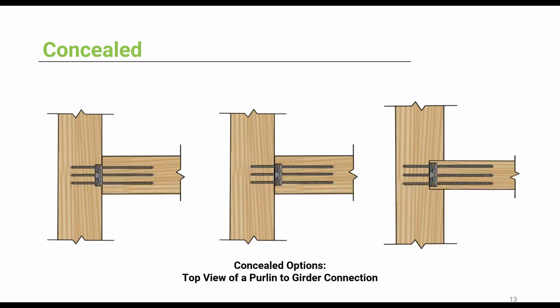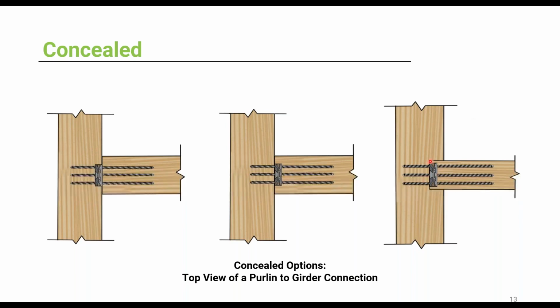The beam hanger system, like we saw in the picture of the first tech, can be fully concealed. The full concealment is not only providing the best aesthetics, but it also helps with the fire design and fire rating of the connection. You can see here, you can house the connection in the girder or the secondary member, or you can house it in the purlin or the primary member.